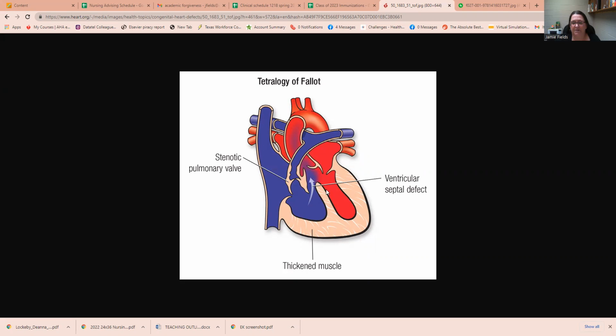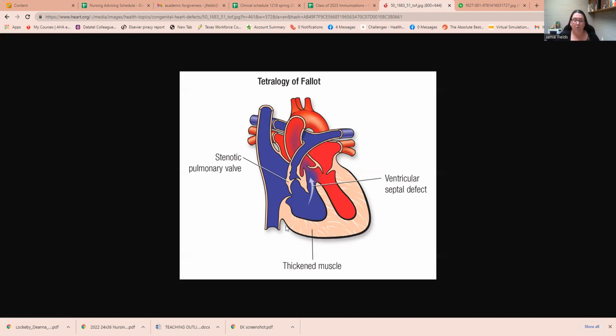So instead of blood going just from the left ventricle into the aorta, it's over that hole in the wall, and so mixed blood from the left ventricle and right ventricle both go out through the aorta. And right ventricular hypertrophy, the right ventricle has worked too hard because of this pulmonic stenosis. It's worked too hard and it's gotten thick, so it's less effective when it's thick.